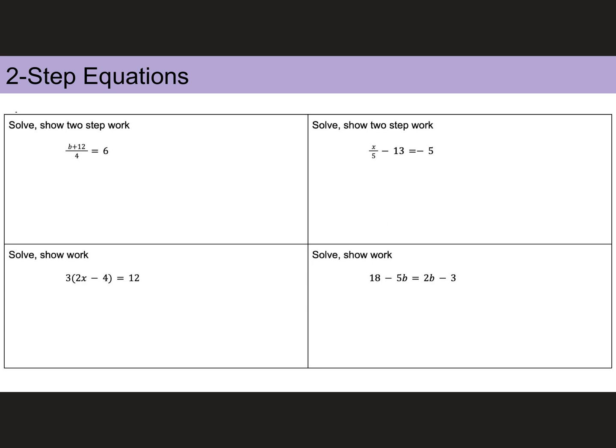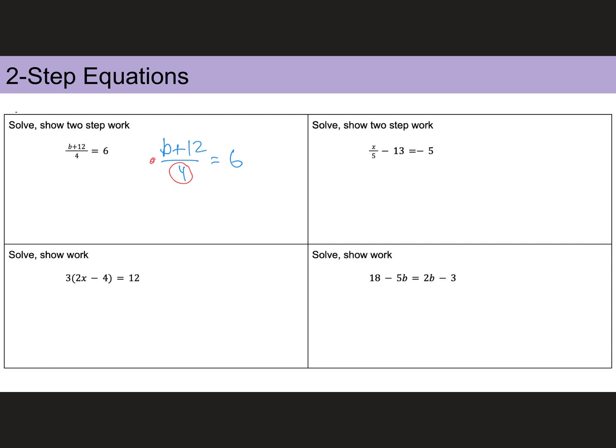All right, the second part of your assessment will be on equations, and more specifically 2-step equations in order to get a 5. And I need to show work. So for the first one, I have b plus 12 over 4 equals 6. 2-step equation. First step, I need to get rid of this 4.